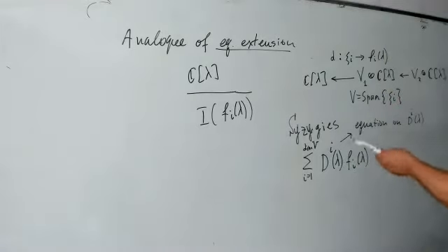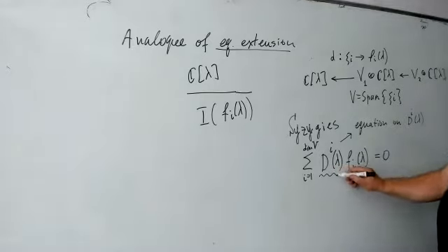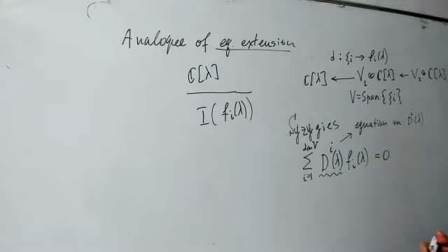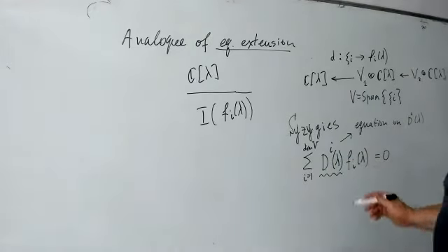Now, this d_i, so now let us look at how this d_i could look. It is kind of easy to find the simplest solution to this equation.